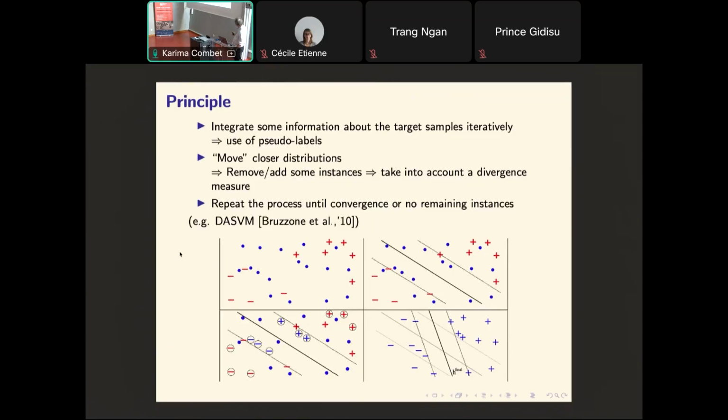Then try to label some target data according to this classifier. And what I do, I keep the target data that are confidently labeled by my classifier. I remove the source data that are not very informative. Then I retrain the classifier and I iterate until I have labeled all my target data. And it's a way to integrate some pseudo labels from the target into the source.